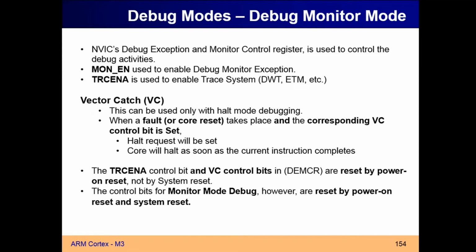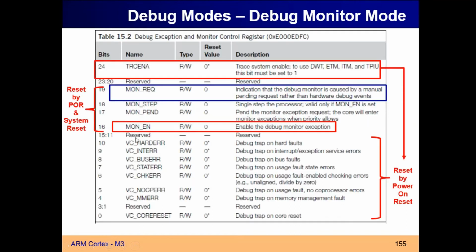So this is for halting the processor based on the corresponding fault. And here you can see that these vector catch bits, and also the trace enable bit, can only be reset on power on reset.